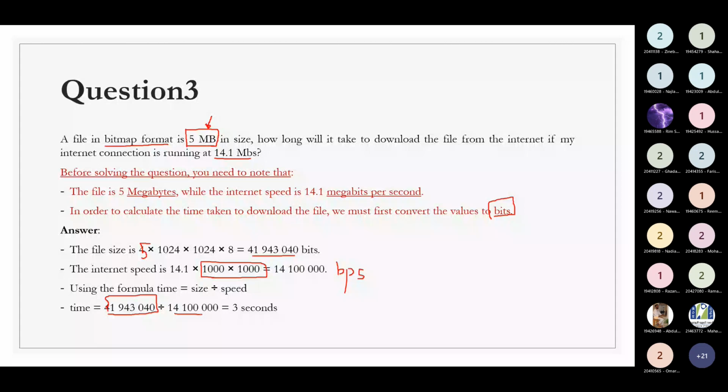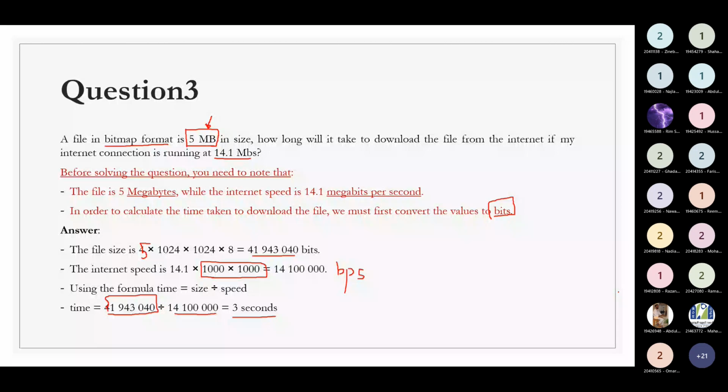It will be equal to 3 seconds. So we need 3 seconds to download this file. Is it clear? Do you have any question?